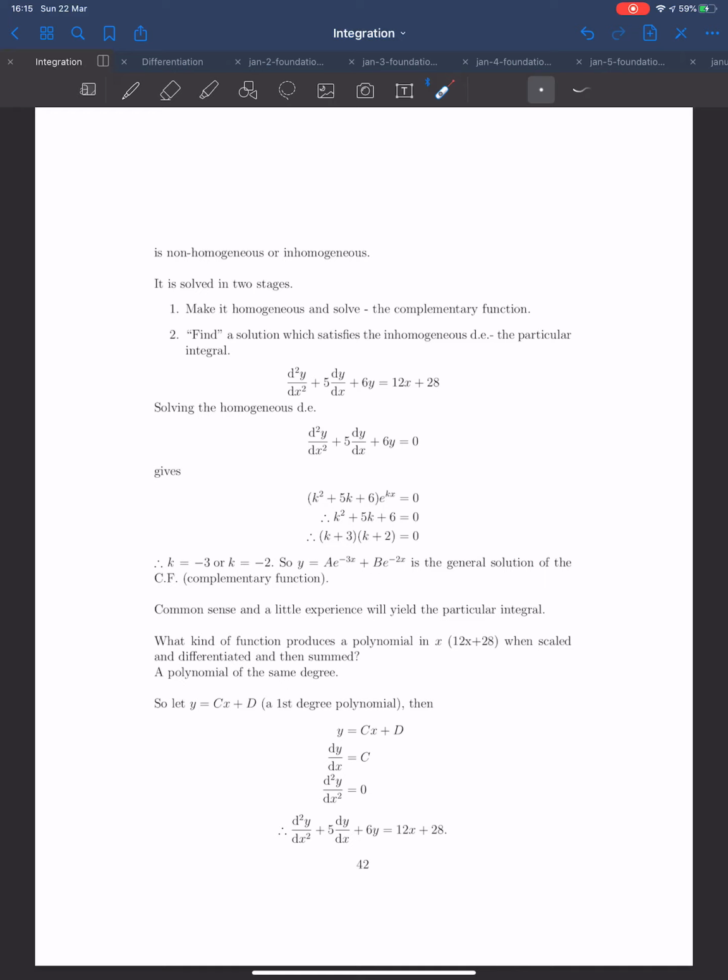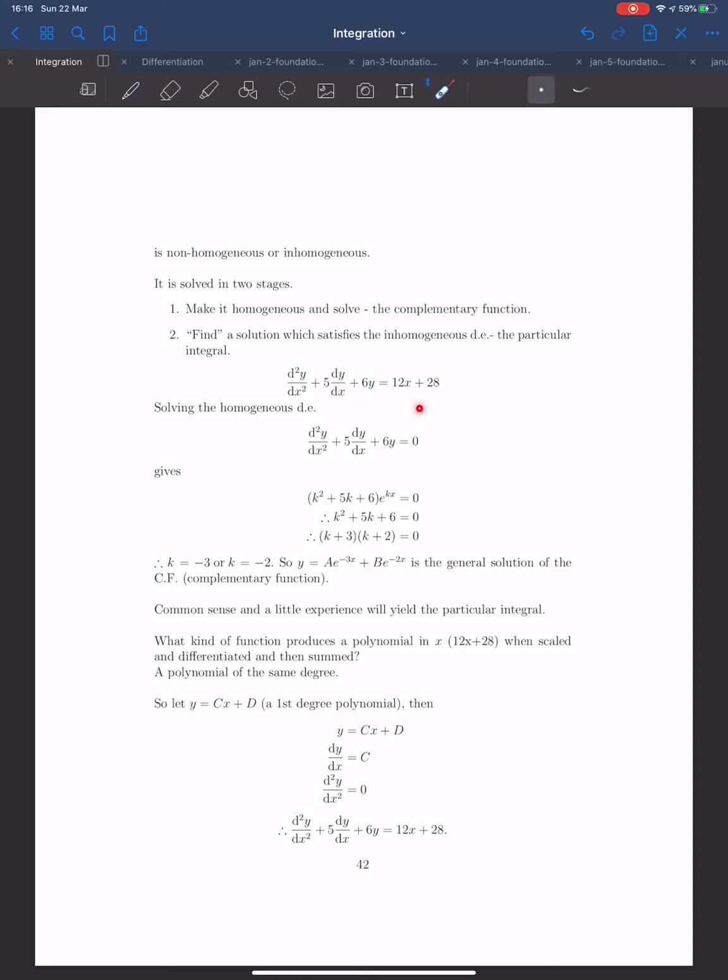Okay, so to solve them when they look like that, we can solve if it equals 0 with the method that we've just outlined, with the e to the kx and the quadratic, and I'll talk through that in a minute.